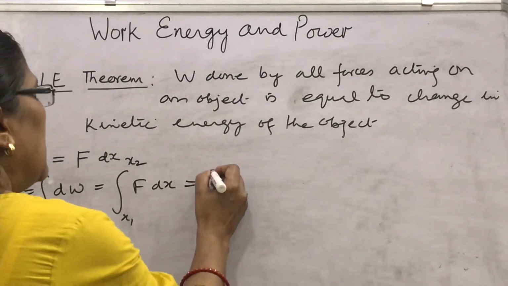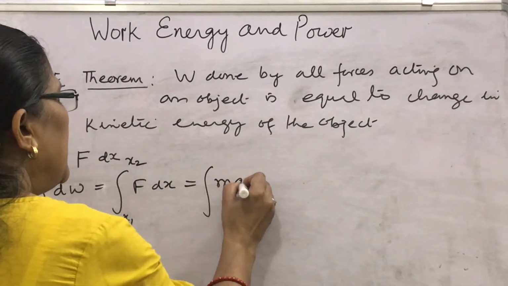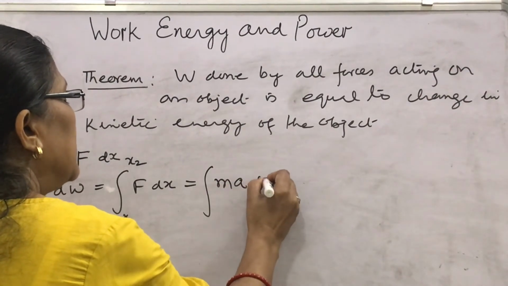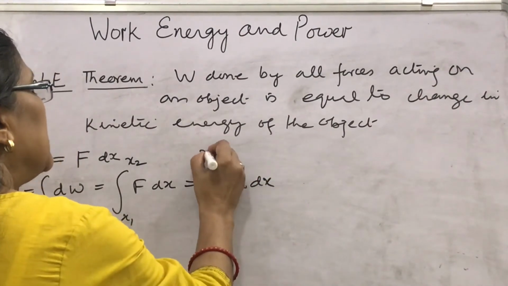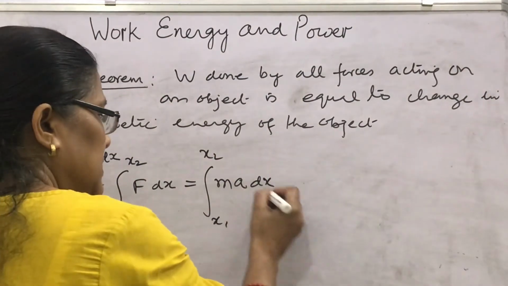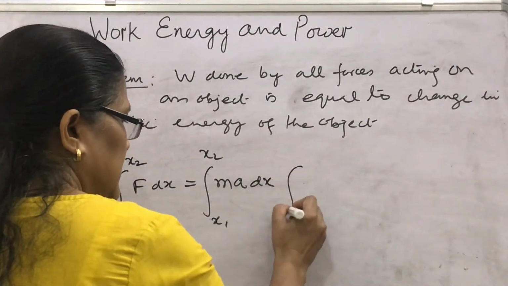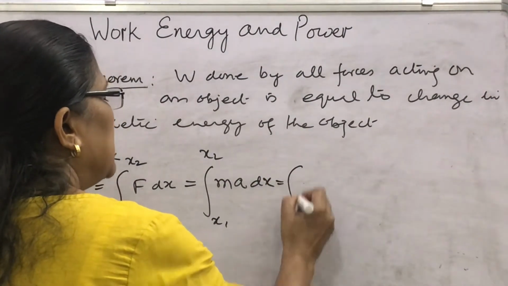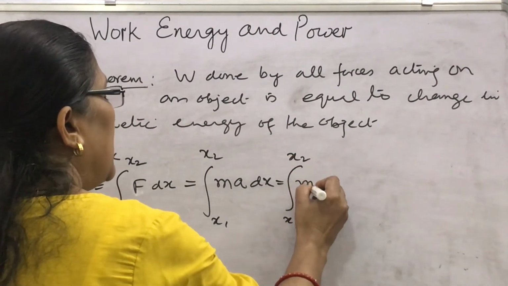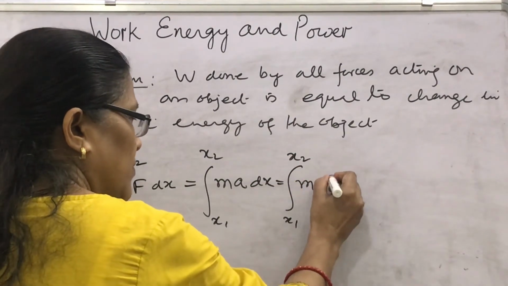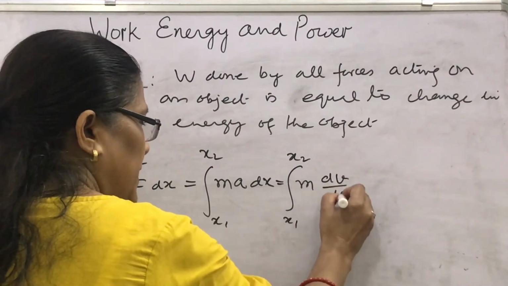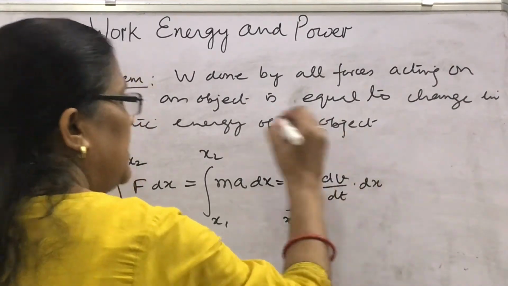What will you write here? This f, as f is ma, and this is dx, with the same limits of integration, x1 to x2, of m a dx. You know what a is? In place of a, what can you write? This dv by dt into dx.